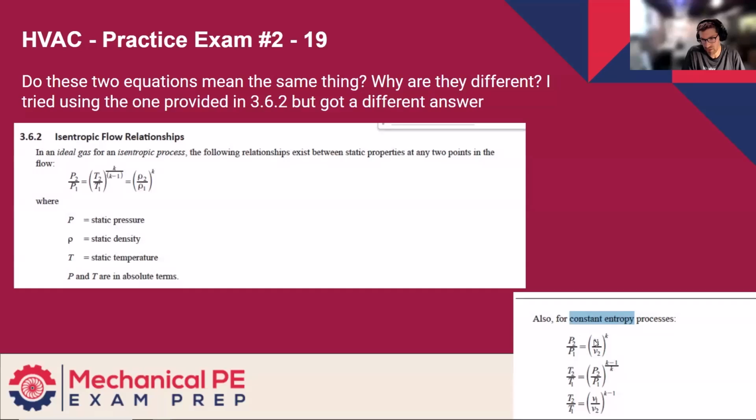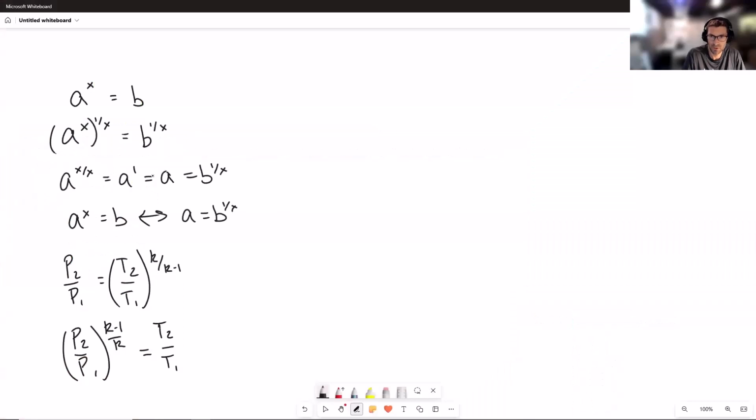Here they're using specific volumes, and here they're using density. So if we say P2 over P1 is rho 2 over rho 1 to the exponent k, then if we wanted that instead to be specific volumes, the specific volume is the inverse of the density.